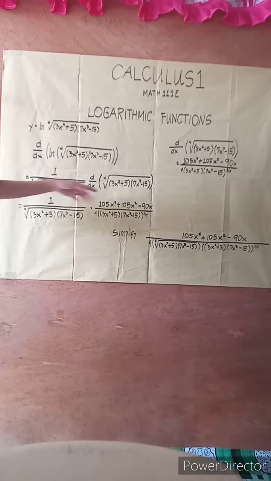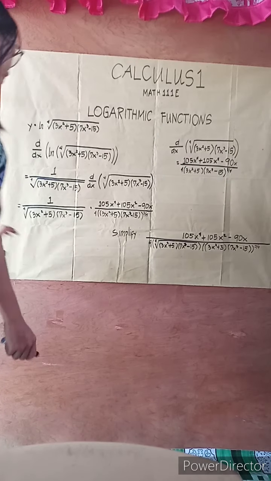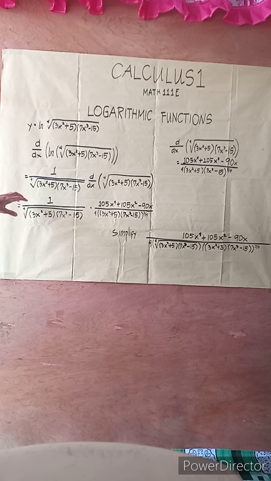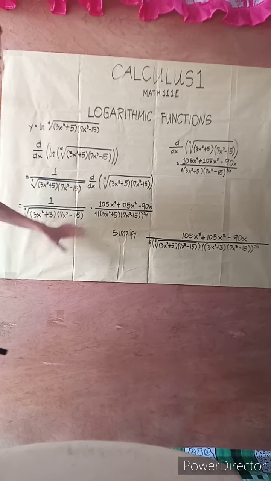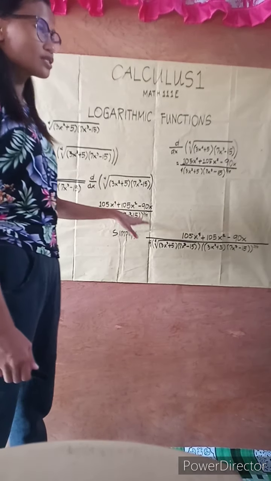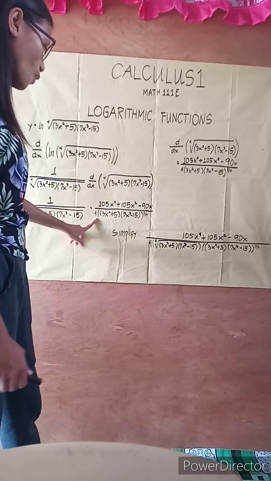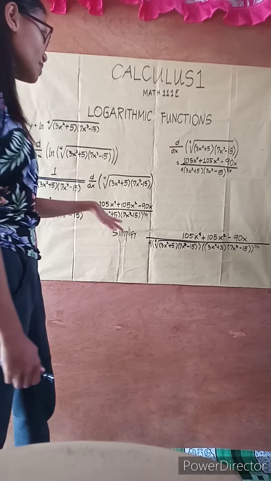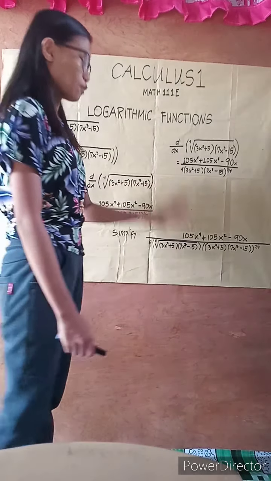So after solving the derivative of this one, we will have 1 over the fourth root of (3x squared plus 5)(7x cubed minus 15) times (105x to the power of 4 plus 105x squared minus 9x) over 4 times ((3x squared plus 5)(7x cubed minus 15)) raised to the power of 3 fourths.